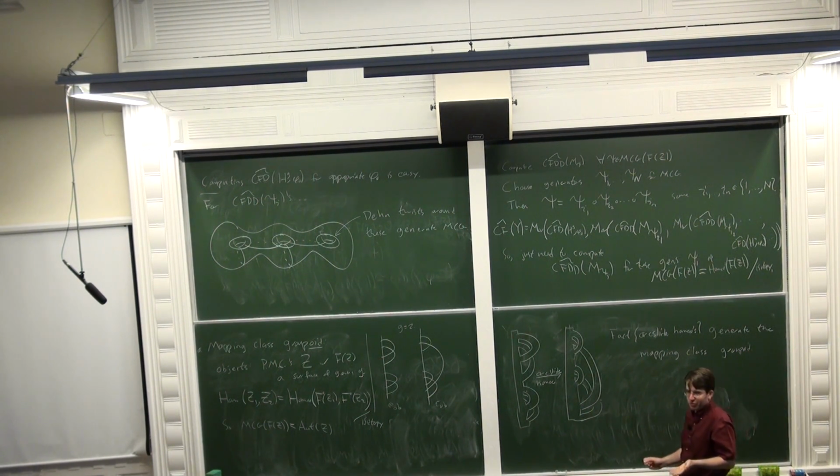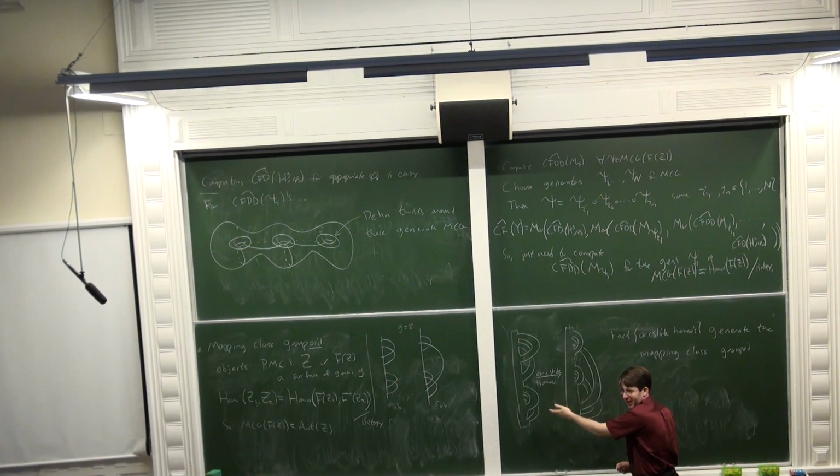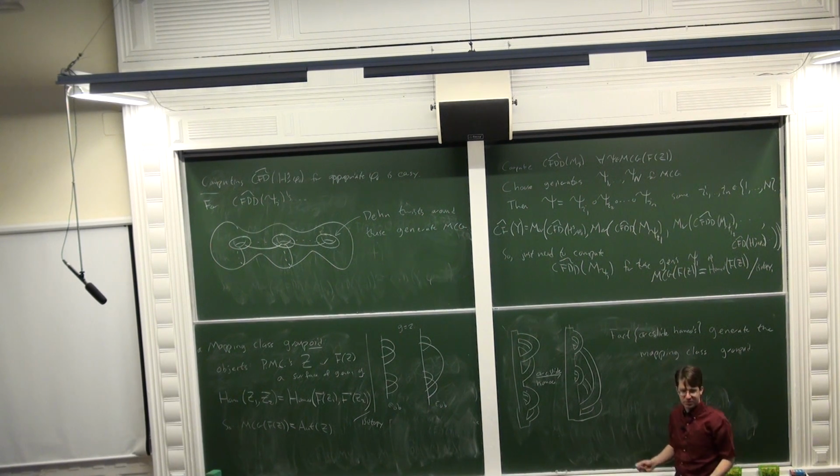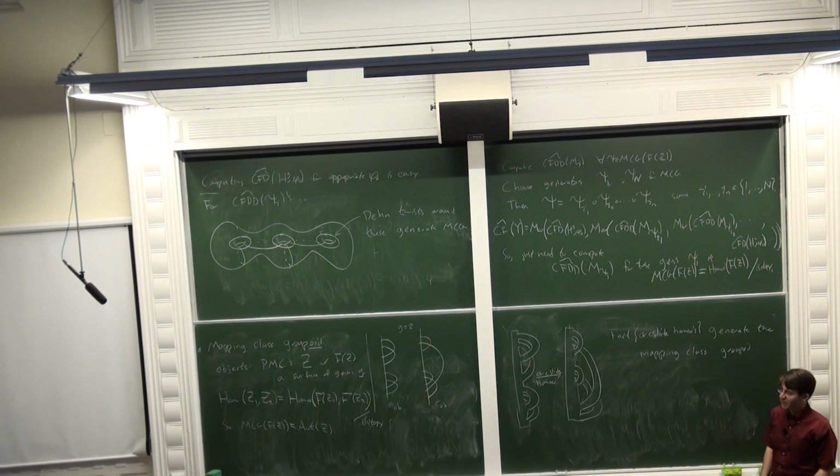Not the mapping class group, because these go between different surfaces. It doesn't make any sense. It's not set enough. You can't say that it generates the mapping class group because the surface is different. But they generate this group. Those are really canonical looking generators, right? That's a really natural looking object.